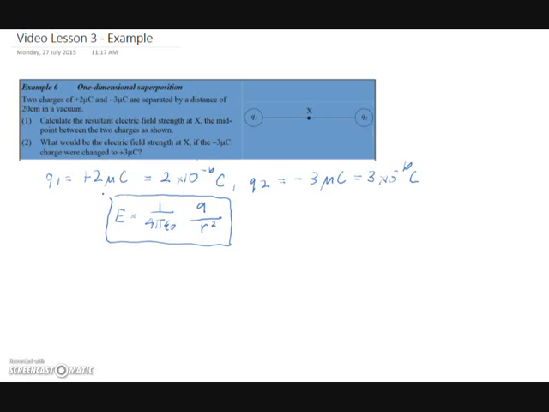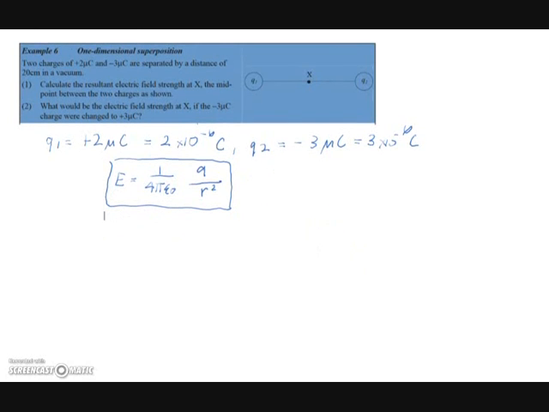Now we can calculate the first part, which is the field strength E1 due to the charge Q1. That just means if we're standing at point X, we're getting acted on by 2 electric fields. We're going to feel some of the field that's from Q1, and we're also going to feel some of the field that's coming from Q2.